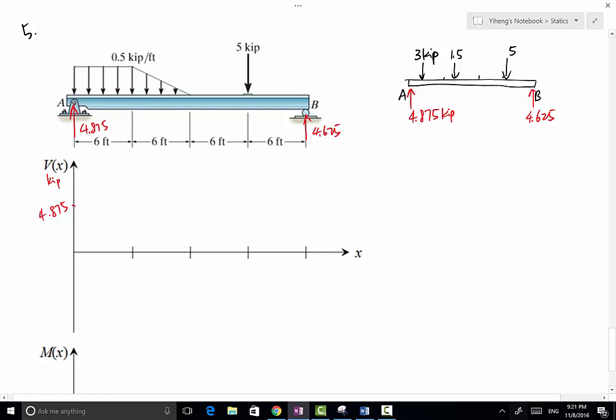And then we have a constant slope of negative 0.5. Therefore, Vx decreases, but decrease by how much? It decreases by this magnitude of 3, which is 0.5 times 6. So 4.875 minus 3 equals 1.875 here.